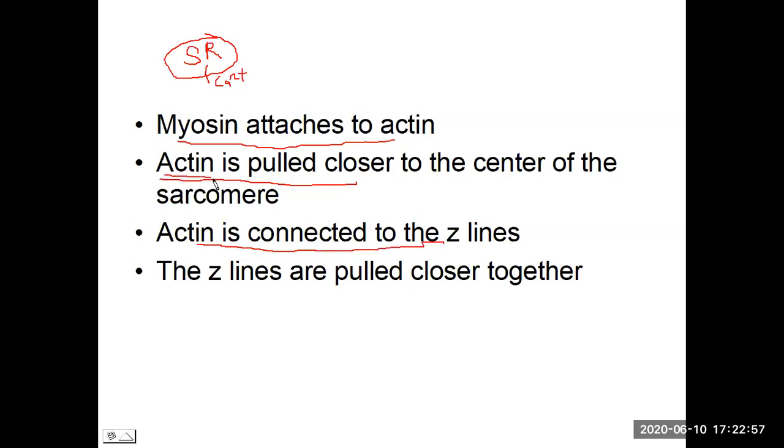When we're pulling the actin closer to the center of the sarcomere, we're also pulling those connected Z lines as well. And reducing the length from one Z line to the next Z line, reducing the length of the sarcomere, is contracting the sarcomere. And again, you want to extrapolate this to the fact that multiple thousands of sarcomeres all linked together make one myofibril. And if each sarcomere is contracting, the entire myofibril will shorten.